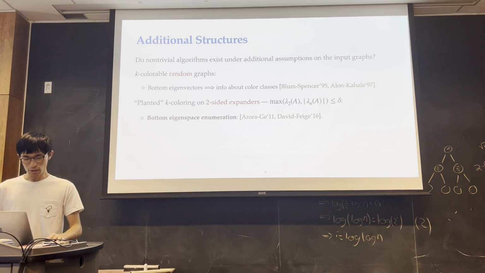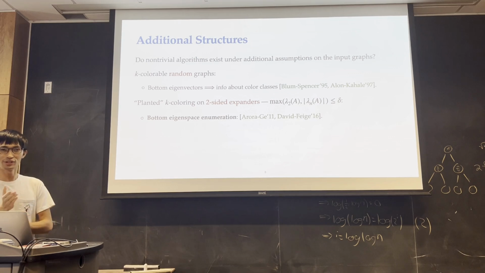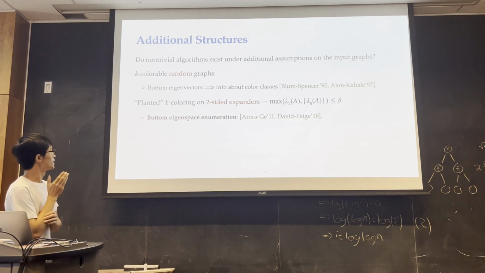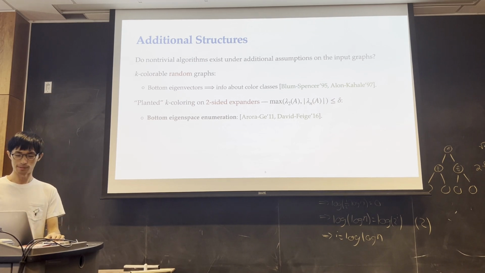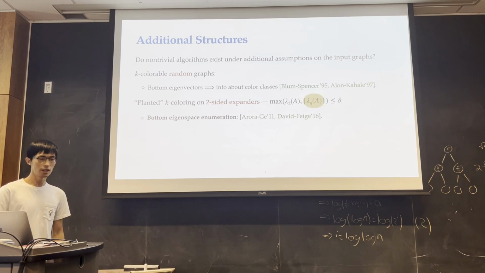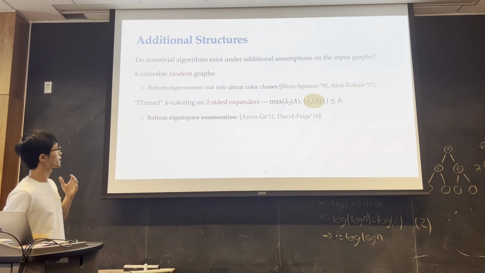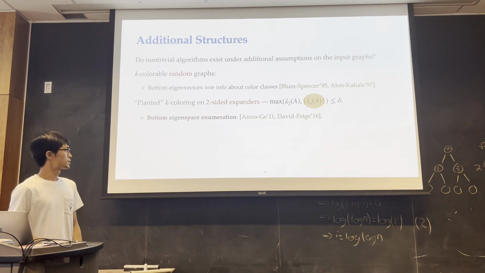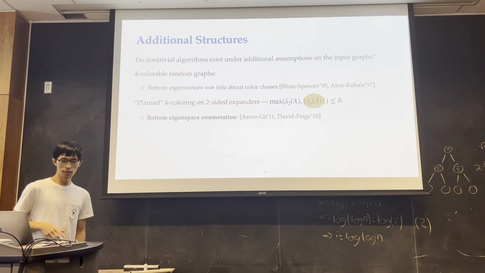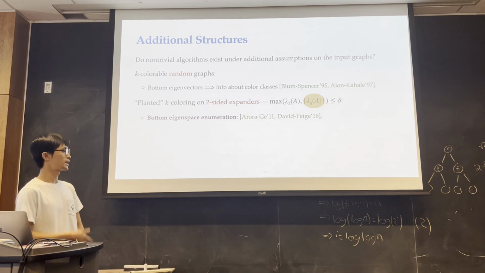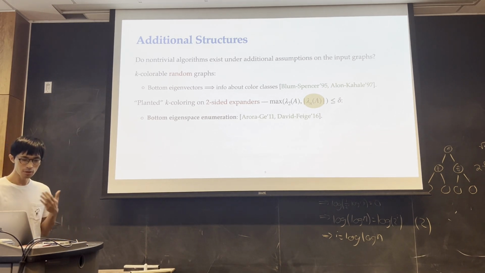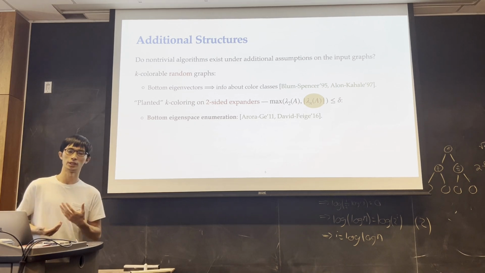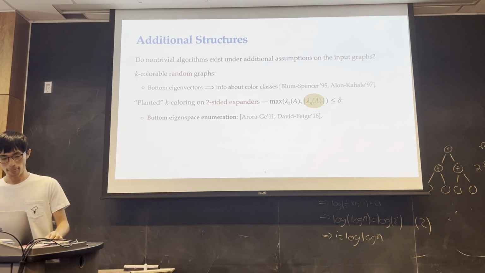All right. Okay, but notice that all these techniques rely on the bottom eigenspace. So they actually only care about the minimum eigenvalue. The algorithm doesn't really care about lambda 2. So this is a little bit strange, because usually when we say expanders, we usually think about lambda 2, because of the close connection between the second eigenvalue and edge expansion.